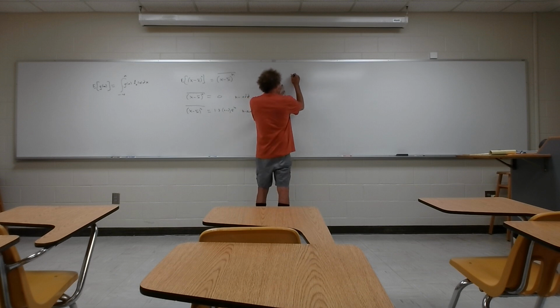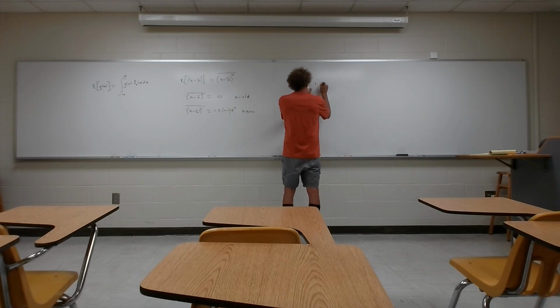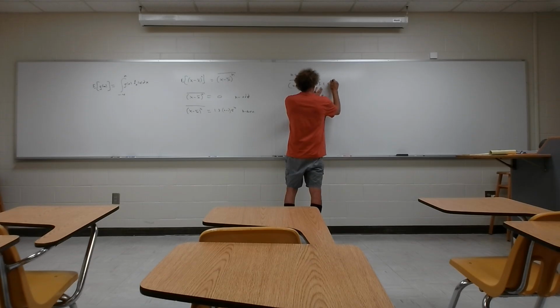If n equals 4, then you're going to have (x minus x bar) to the 4th power here, and that would be equal to 1 times 3 times 3 times sigma to the 4th.